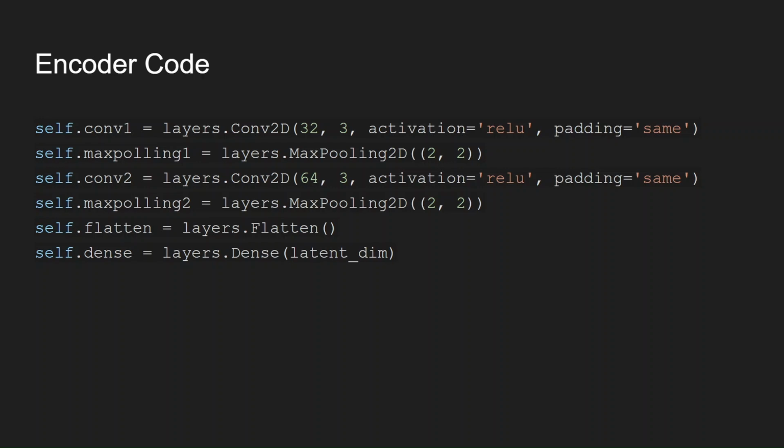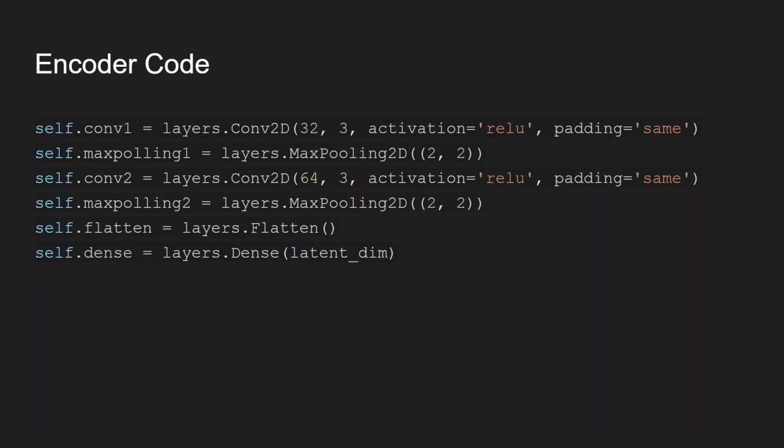Then in order to reduce the spatial dimension, the width and the height, we are going to use the max pooling 2D layer. This is going to reduce the width and height by half. For example, if the input is 32 by 32, the output from the max pooling 2D will be 16 by 16 because we have defined the stride as 2 by 2. Then we pass that information to another convolutional layer. Again, the stride is 1, and then again to a max pooling 2D layer.